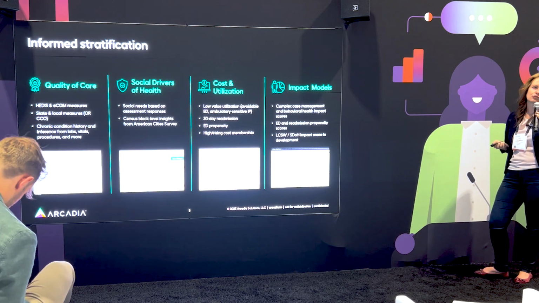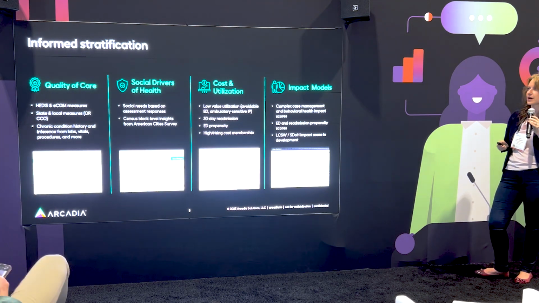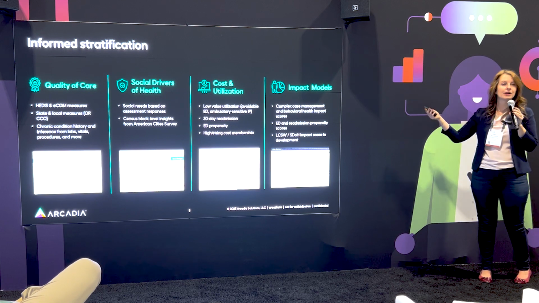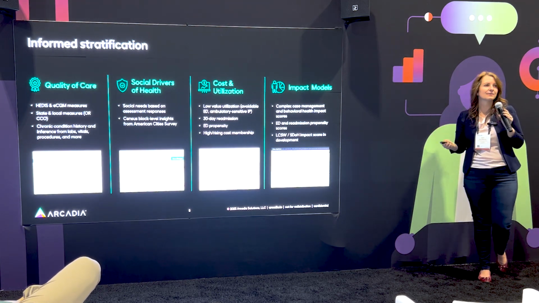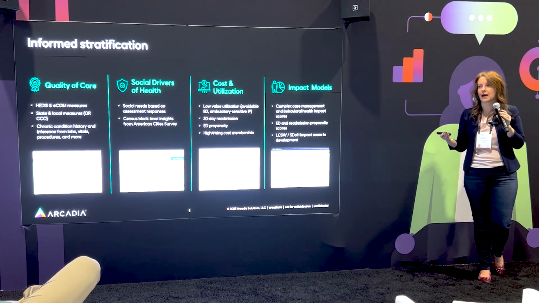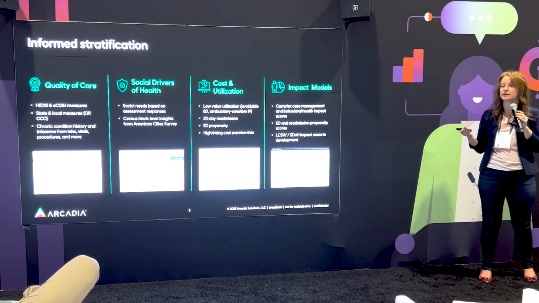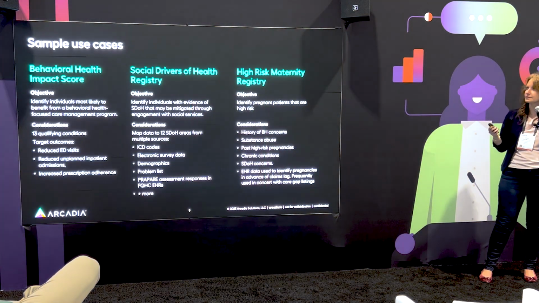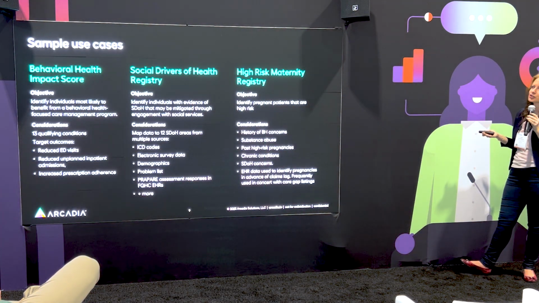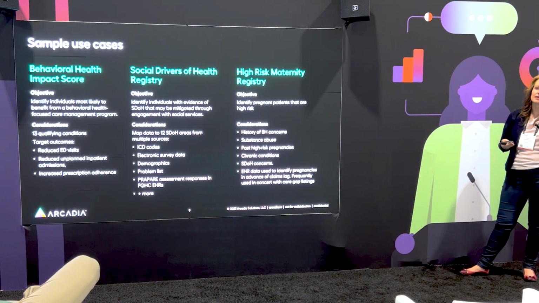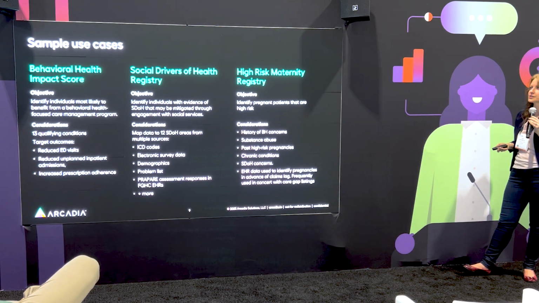There's a number of other tools here, including some of the recent developments around building out impact models, identifying patients who are likely to be impacted by certain types of care. Taking a look at just a few sample use cases that have been in place with our customers.